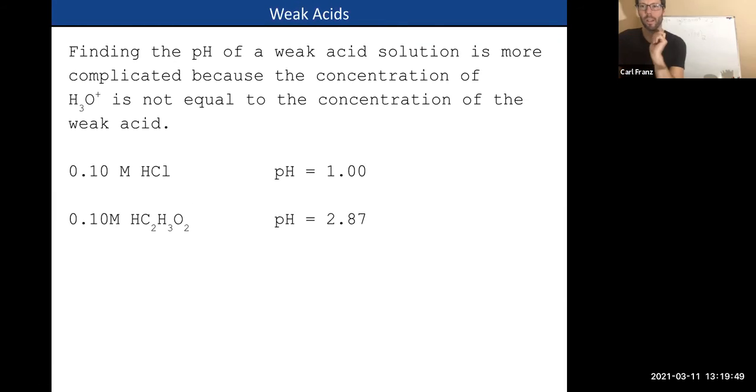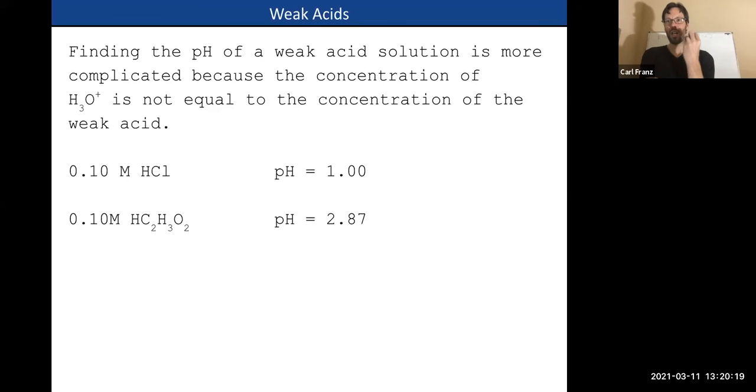Now, as we also found out in the lab simulation this week, on Wednesday and today, the pH of a weak acid isn't as direct, okay? Its concentration is not equal to the hydronium ion concentration because a weak acid doesn't completely dissociate.